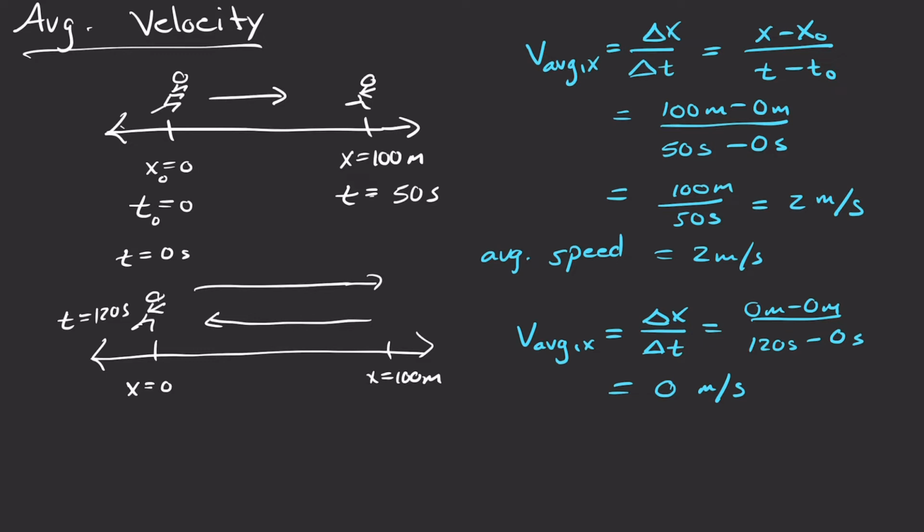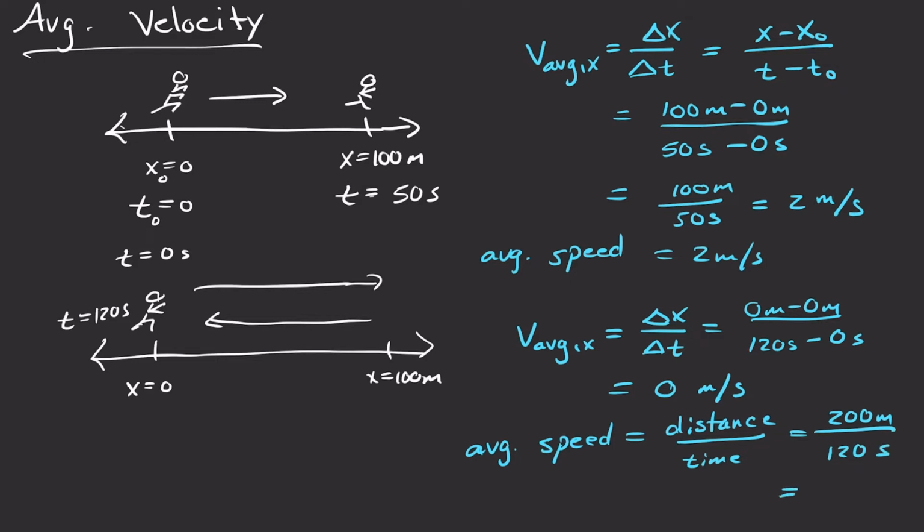But what about average speed? Well, this is just the total distance over the total time. We want 100 meters to the right plus 100 meters to the left. So that was 200 total meters over 120 total seconds.